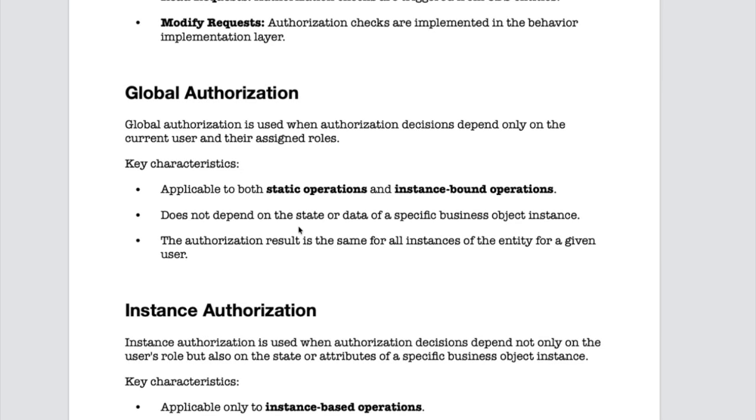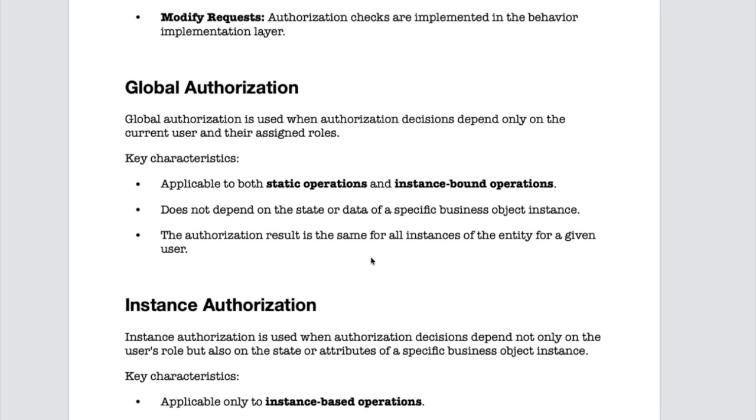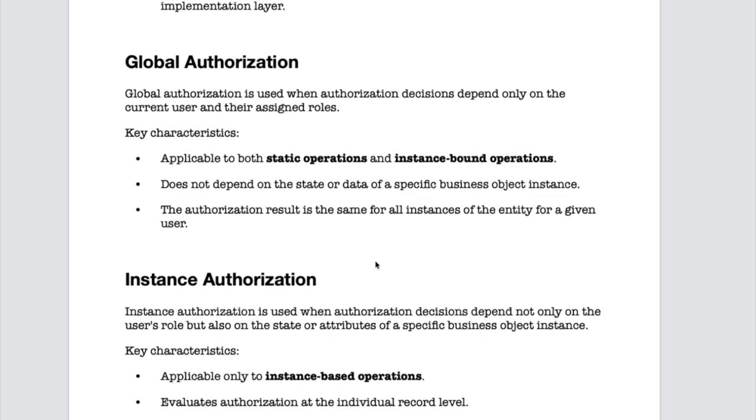It does not depend on the state or data of a specific business object, so it is not related to a business object. It's kind of a global authorization on the CDS entities. The authorization result is the same for all instances of an entity for a given user. So if we have multiple instances of an entity, this global authorization will be applicable to all of them.